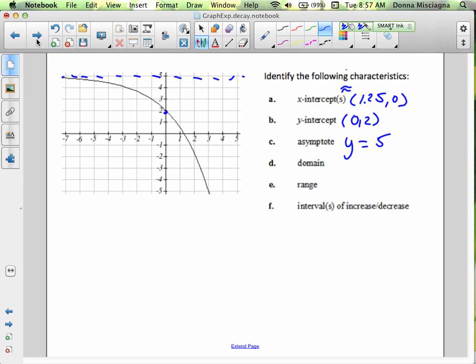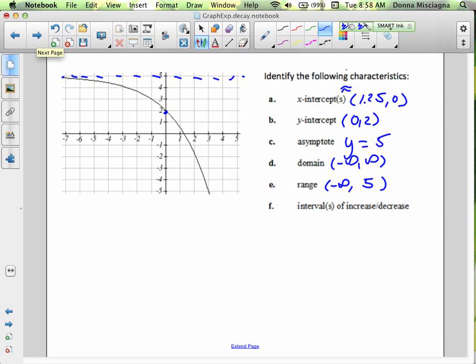Domain, orange 4. Is it all real numbers? It's all real numbers. How about the range? Yep. And intervals of increase, decrease.